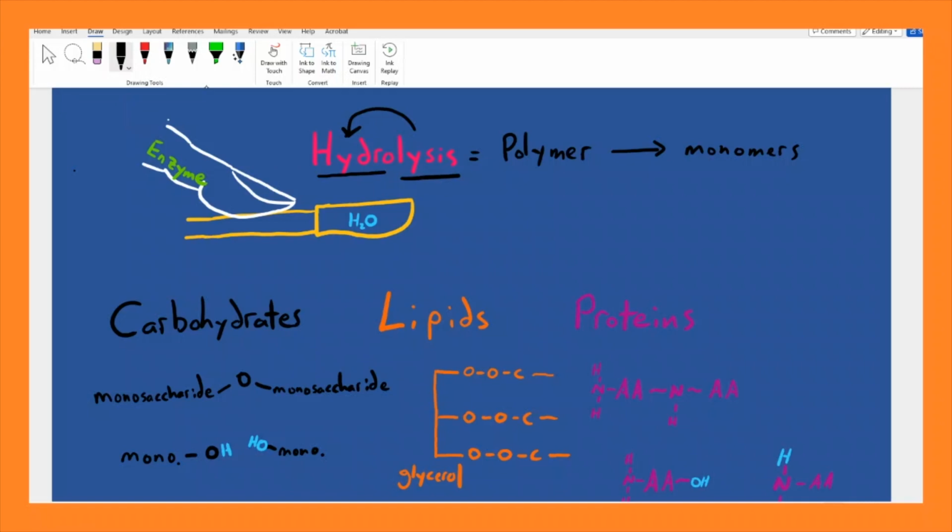So let's say I have a great big chain of glucoses. So this is 1, 2, 3, 4, 5, 6, 7 glucoses in a chain linked to each other.